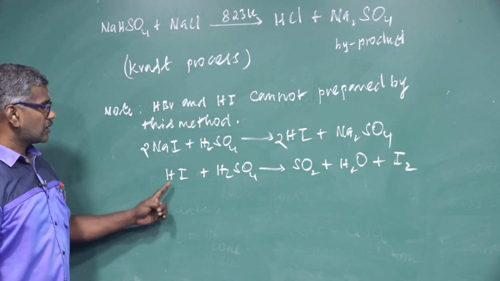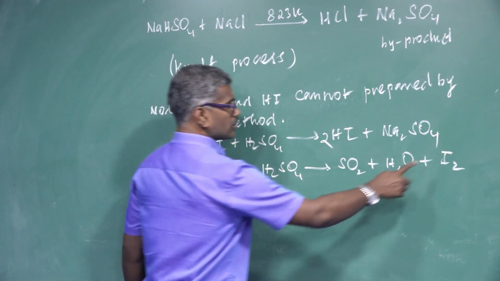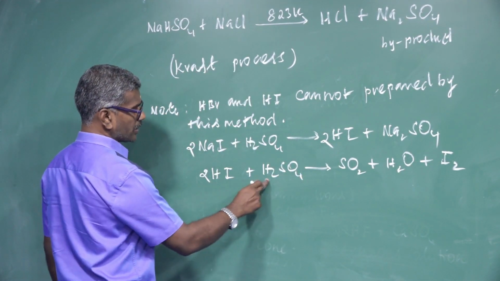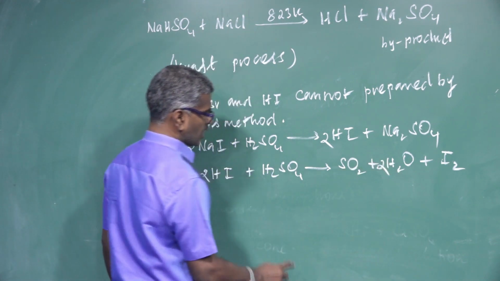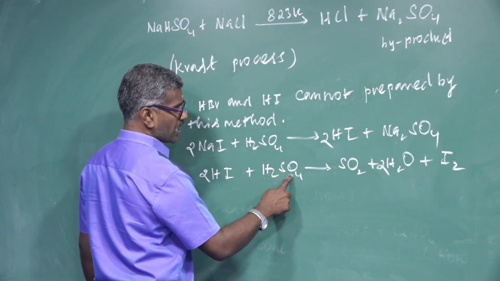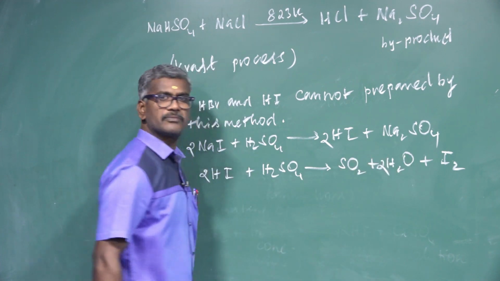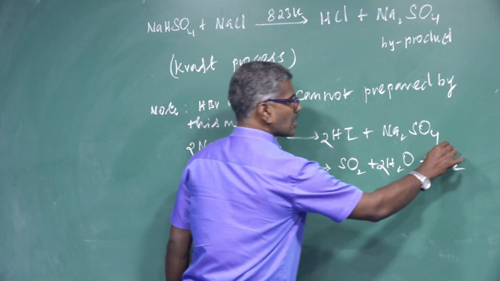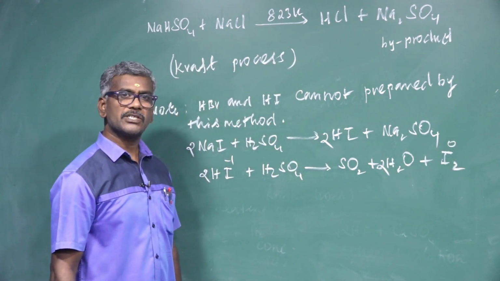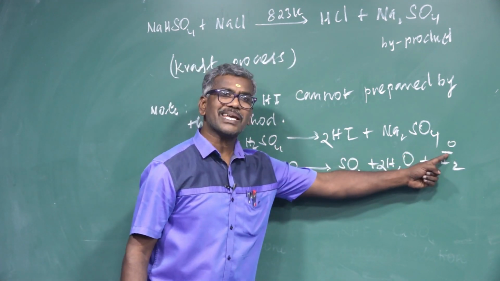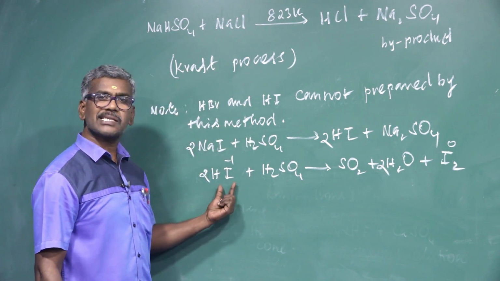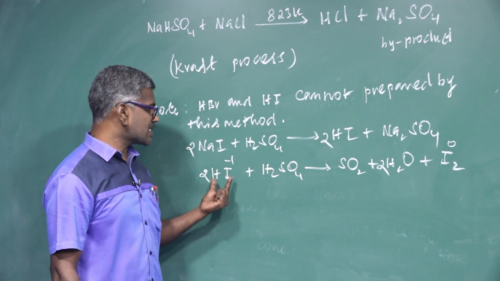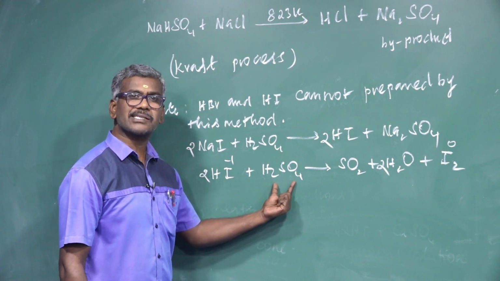Balance the equation: 1 iodine, here 2 iodine, so 2 times. Common hydrogen, here 2, 4 hydrogen, 2 times. Common sulfur, 1 sulfur. Common oxygen, 4 oxygen, here 2. Here iodine is in the -1 oxidation state. This iodine is 0. The oxidation number increases, so this acts as a reducing agent, and this compound undergoes reduction, acting as an oxidizing agent.